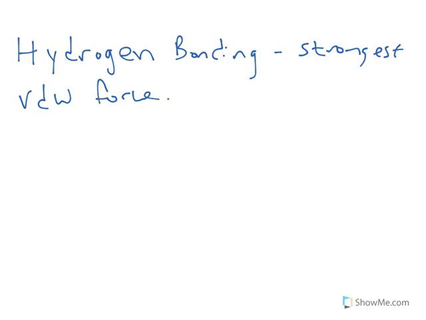So what you have to have in order to participate in hydrogen bonding is we need to look at two things. We need to have something called a hydrogen bond donor, all right? And we'll talk about the acceptor in a moment.